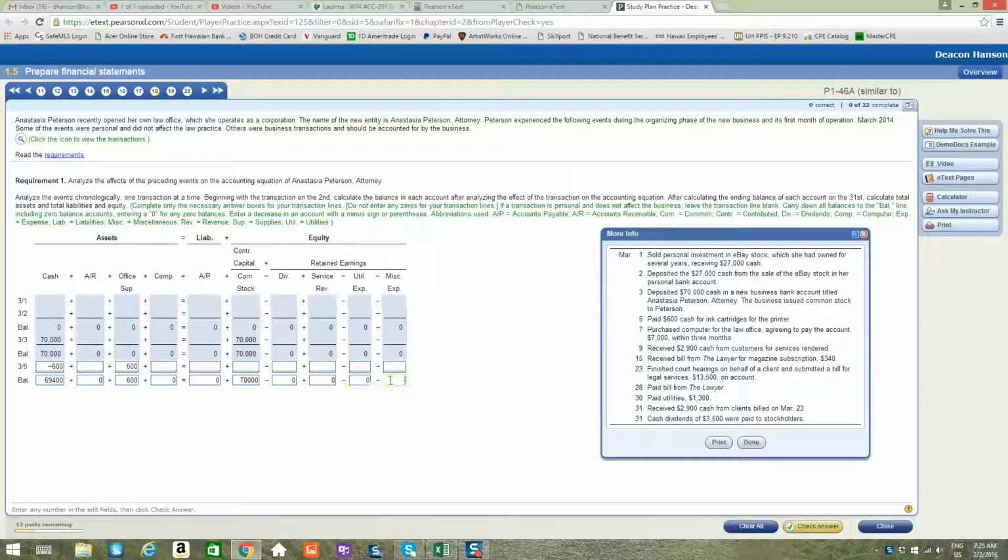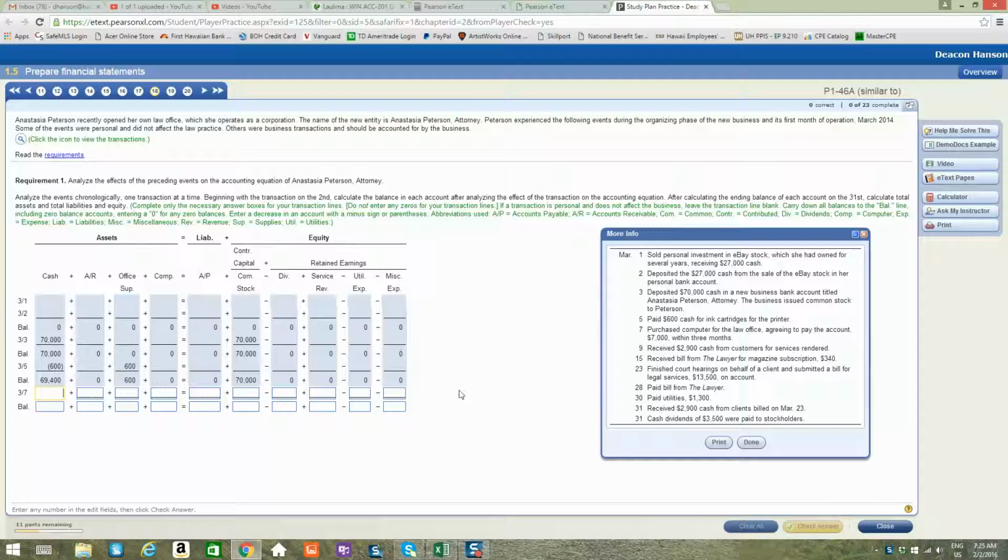Now what you want to do before you hit enter is check, okay? Is the left side of the equation in total equal to the right? And let's see, 69,400 plus 600 is equal to 70,000, and you have 70,000 on the right side of the equation. So we'll hit check answer. We get another good job.